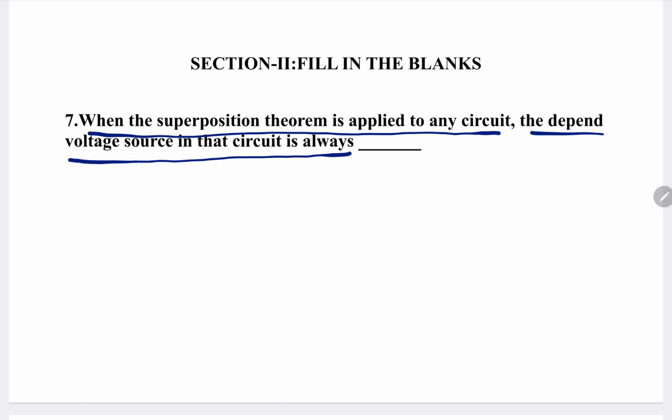We consider only one source active and all other sources are made dead. But only independent sources are made dead, while dependent sources are not disturbed. That means dependent voltage sources are always present in the circuit, so they are always active while we work with the network.